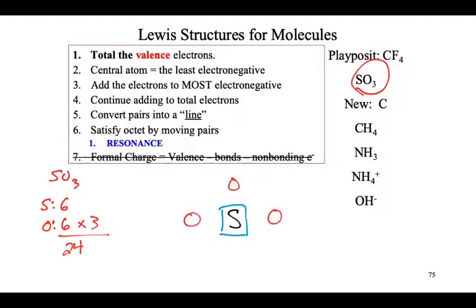Not valence electrons. Now I need to place electrons. Where am I going to start placing those electrons? Around the oxygen. Notice I'm going to start placing them between the oxygen and the sulfur. Why? I know I'm going to have to put a bond there. So that's why I'm starting placing them there.